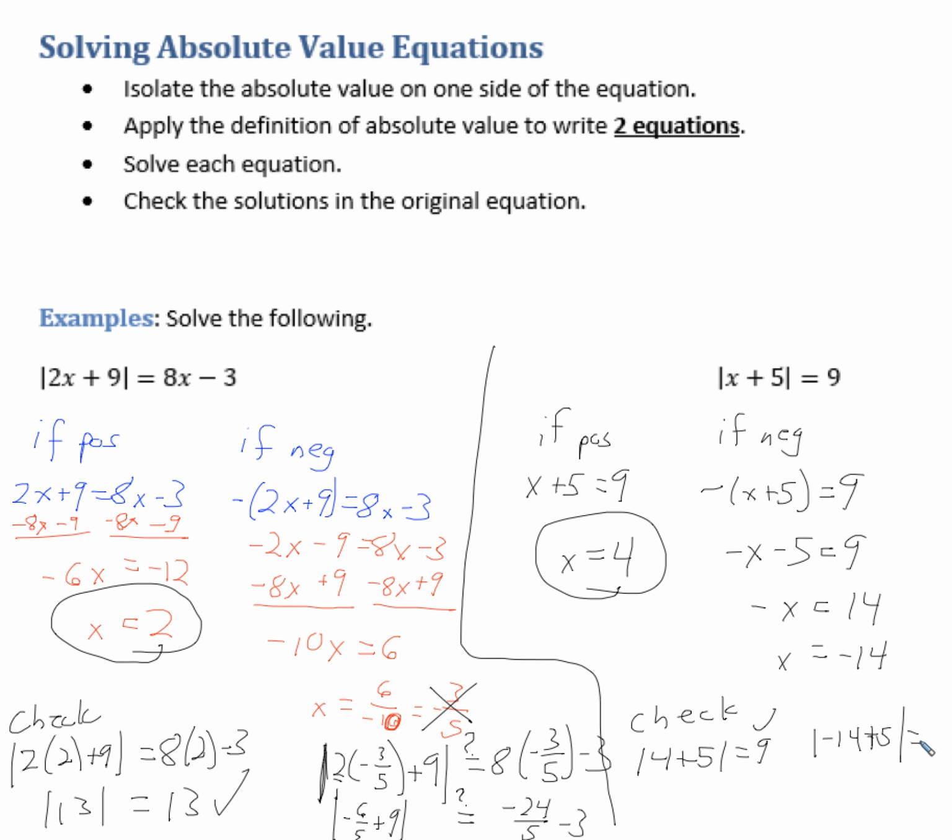Does that equal 9? Well, negative 14 plus 5 is negative 9. And it is true that the absolute value of negative 9 is 9. So that means x equals negative 14 is also correct. So this one has two answers.